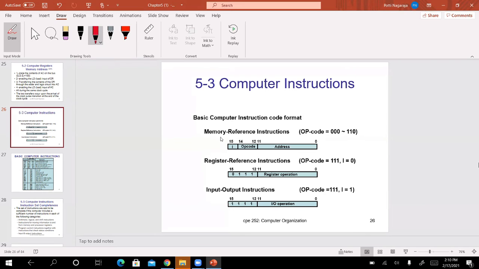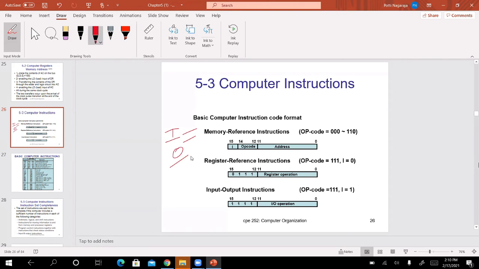Before we go to the first type of instructions, that is memory reference instructions, what is the 15th bit? The 15th bit is called I. What is I? I decides whether it is direct addressing or indirect addressing. When I equal to 0, it is direct addressing.